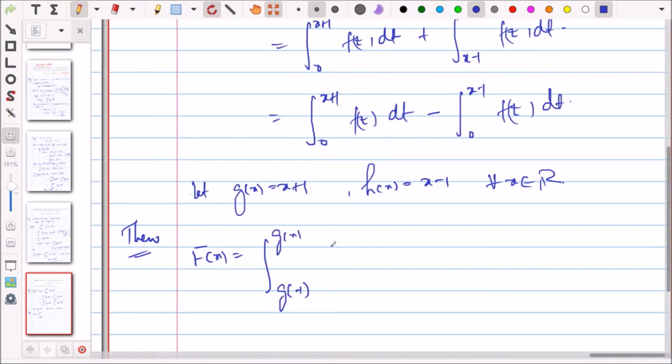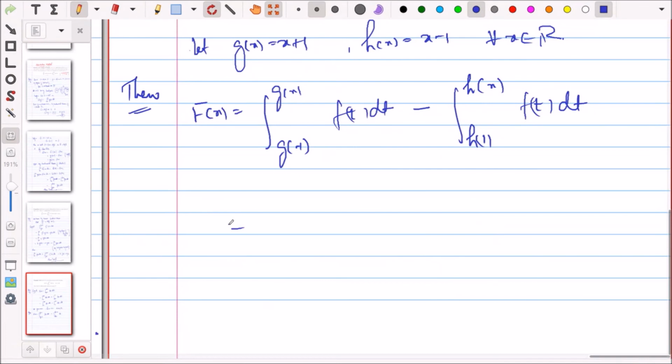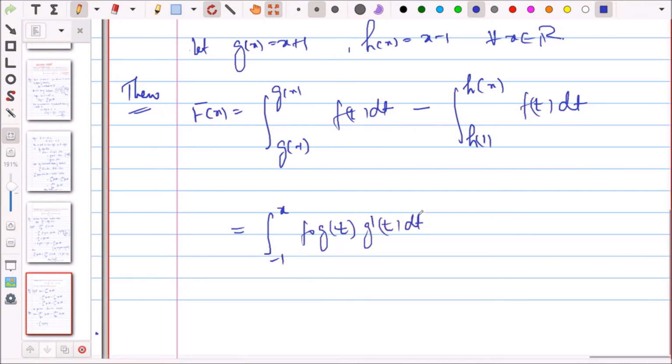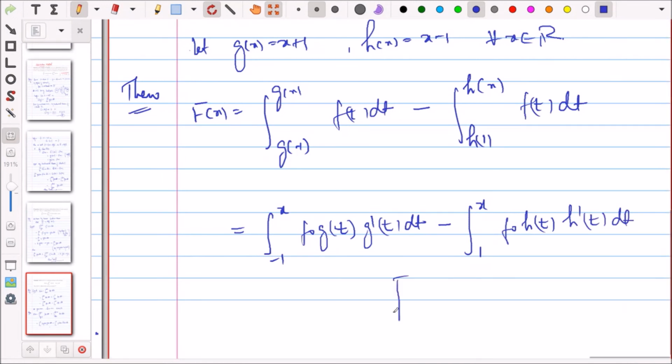And this is the integral of f(t) dt from g to 0, minus the integral from h to 0, so this is now the integral from minus 1 to x of f(g(t)) g'(t) dt minus the integral from minus 1 to x of f(h(t)) h'(t) dt, using change of variable.